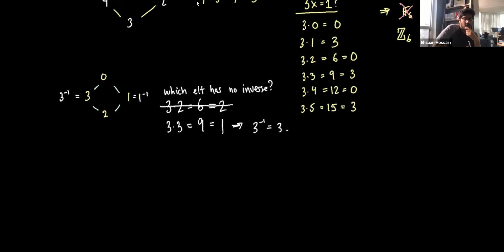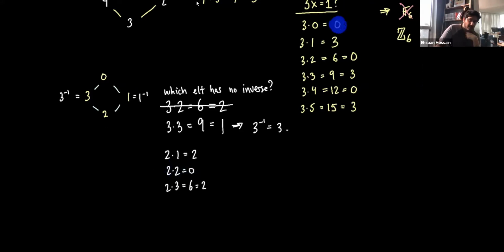What about 2? What's the inverse of 2? Let's calculate. 2 times 1 is 2. 2 times 2 is 0. 2 times 3 is 6, which we worked out was 2. 2 times 2 is 0.